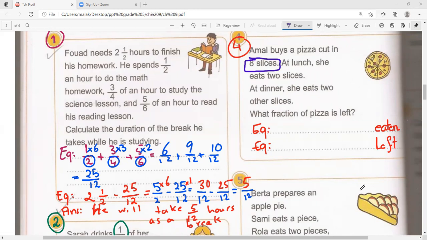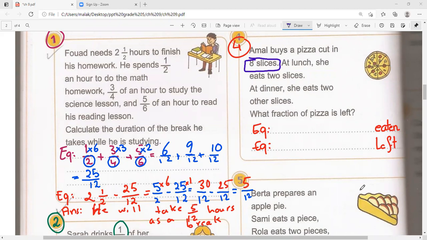Who is still doing problem 4? Me. Yalla, finish please, hurry up. We still have 5 minutes. Is problem 4 hard or easy?